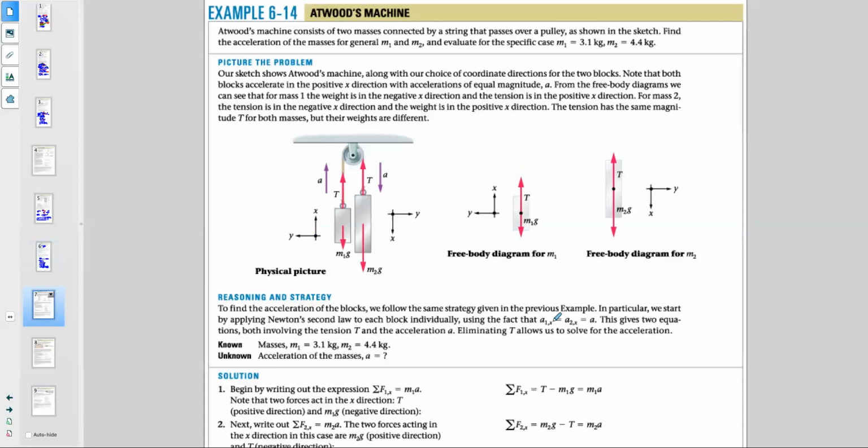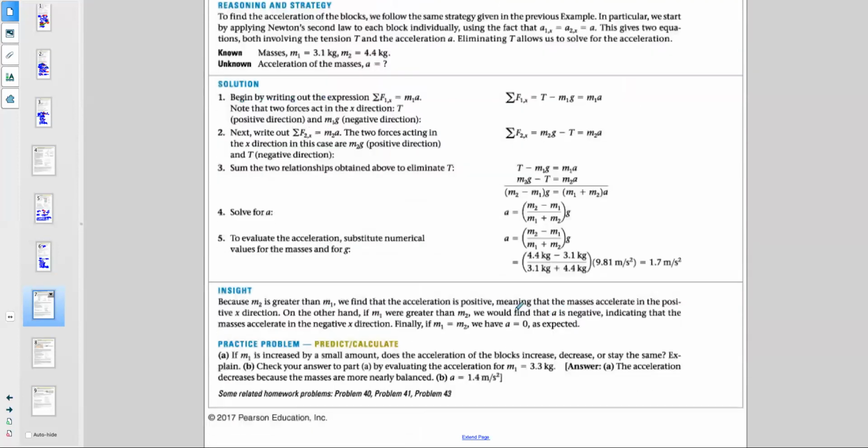The Atwood machine is a very famous problem in physics. And we have a lab about the Atwood machine as well. It's very good for determining the Earth's gravitational acceleration. It's used for that. So I have solved this in the Chapter 6 examples.